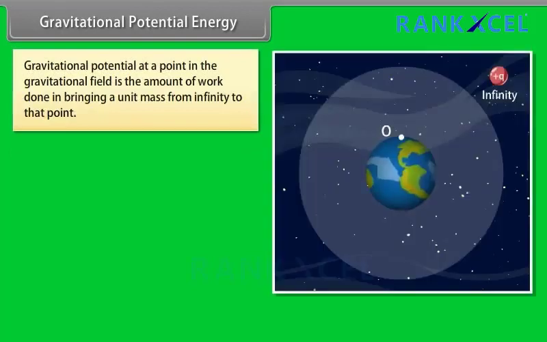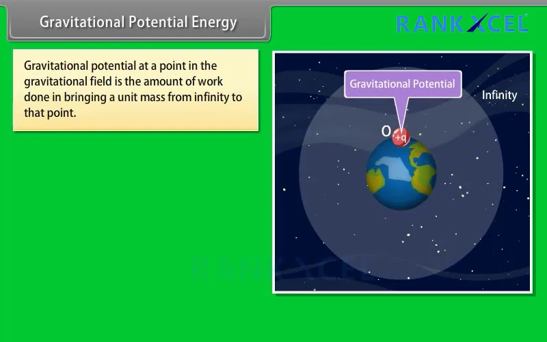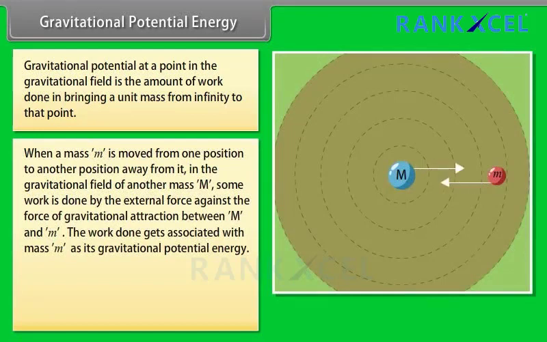Gravitational potential energy. Gravitational potential at a point in the gravitational field is the amount of work done in bringing a unit mass from infinity to that point. When a mass m is moved from one position to another position away from it in the gravitational field of another mass M, some work is done by the external force against the force of gravitational attraction between M and m.